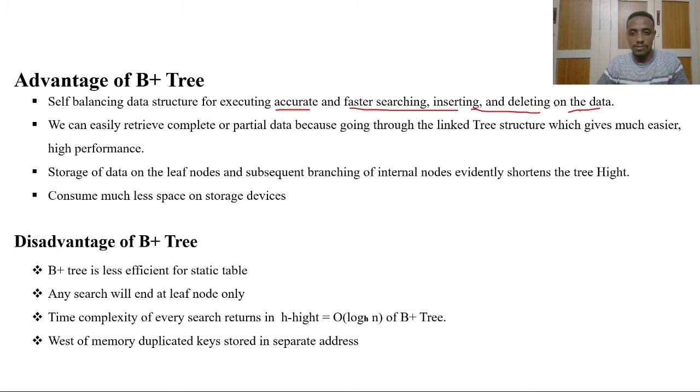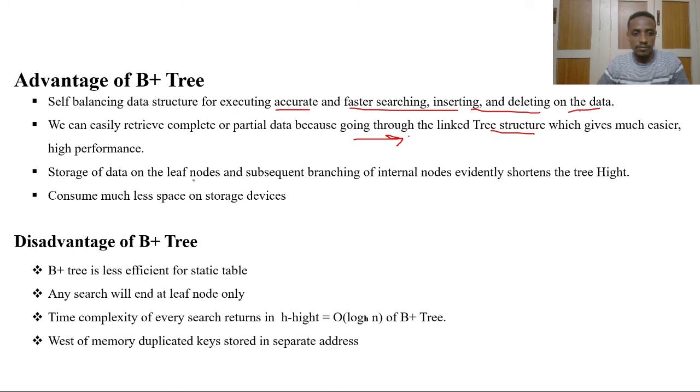So this is very fast and accurate while we are using the B+ tree data structure. We can easily retrieve complete or partial data because of going through the linked list. So the linked tree data structure will give us much easier and high performance, because of that short time it gives us all the dense data in the leaf nodes.